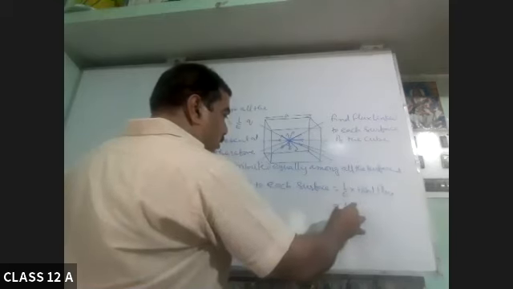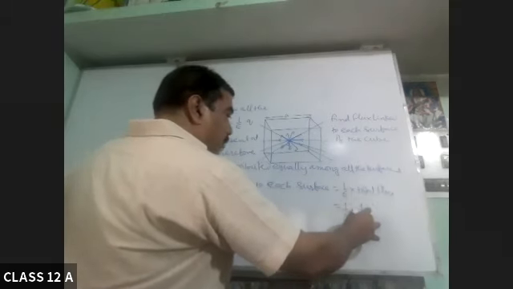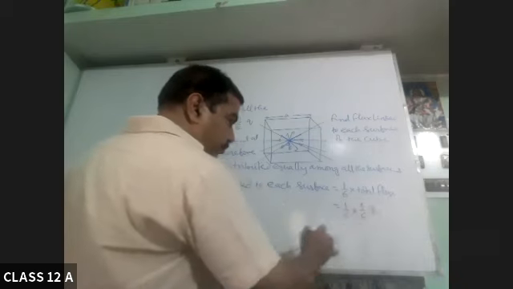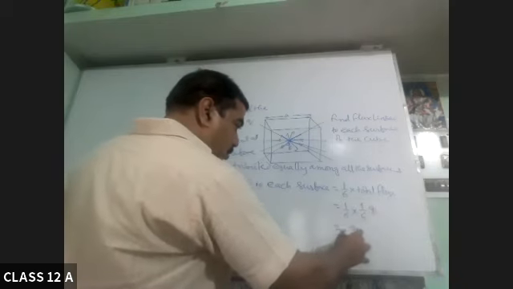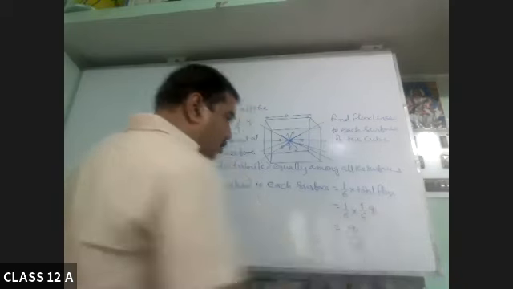So it is 1/6 of 1 by epsilon naught times q.